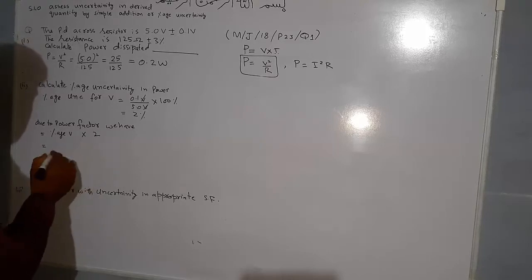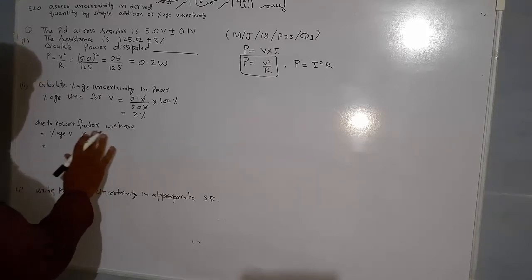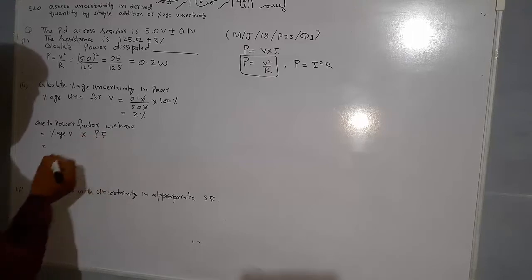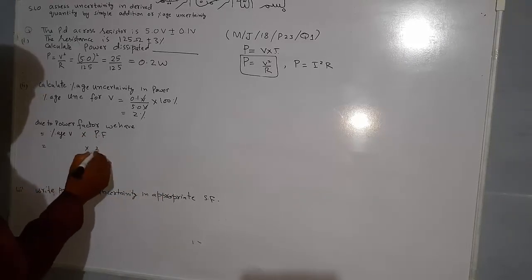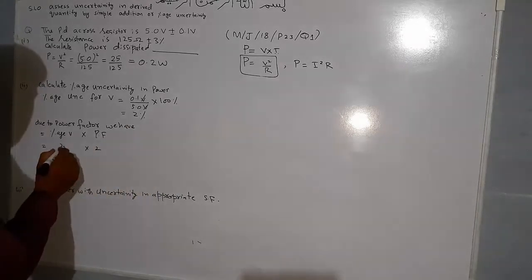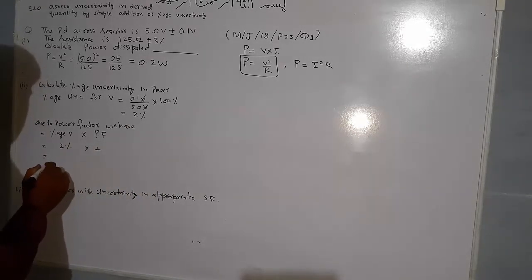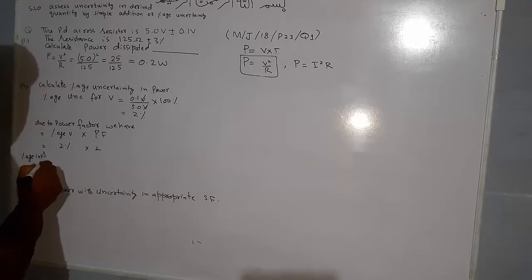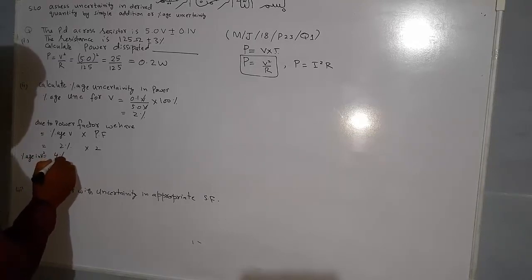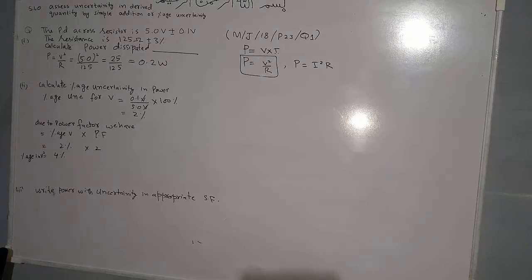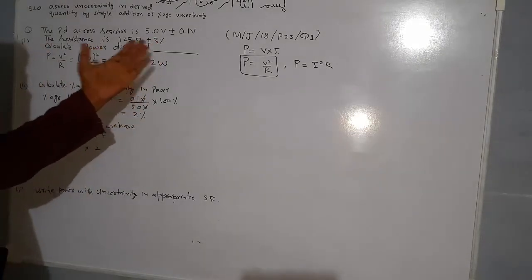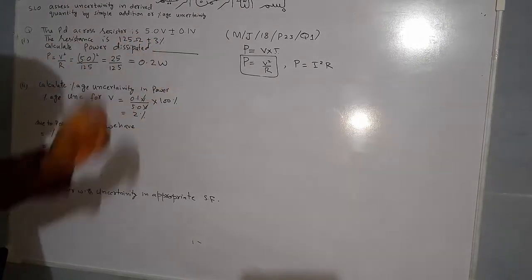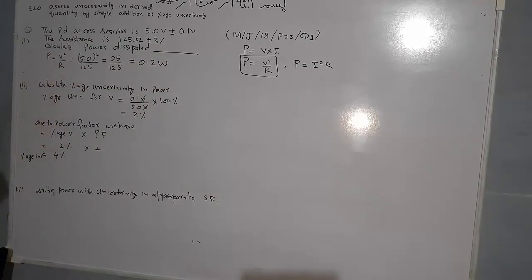First we add the power factor, then we replace the value. The power factor is 2 and the percentage of voltage is 2%, so the percentage uncertainty in V square is 4%. But we don't have only the voltage, we have the resistance too, and here the benefit is that they have given the percentage directly.